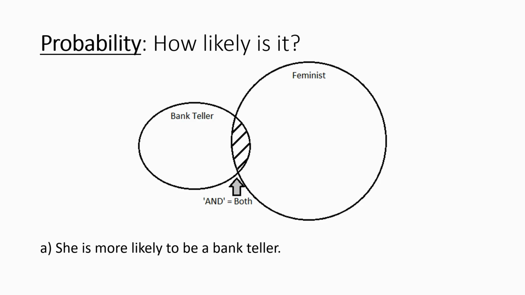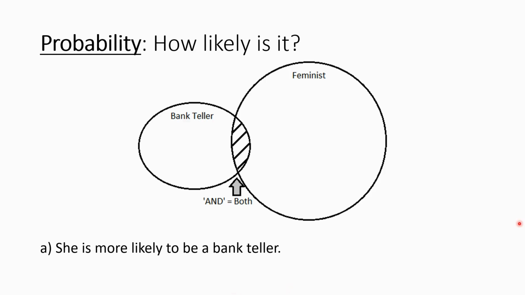When discussing probability, the word "and" has a very specific meaning. It signifies that both conditions must be true simultaneously. So is it more probable that Linda is both a bank teller and a feminist? To be classified as both, she must meet both criteria at the same time.